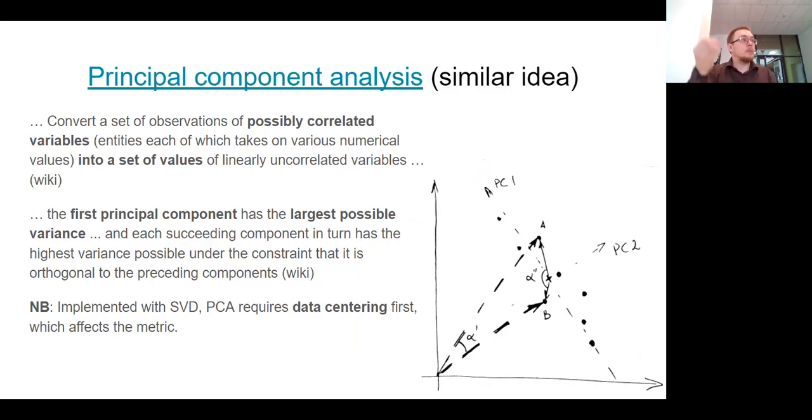Cosine similarity is preserved by SVD applied to a positive valued matrix, whereas principal component analysis will change the metric. It will influence the cosine similarity.